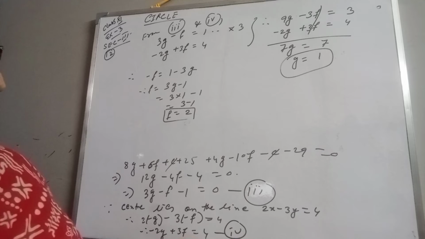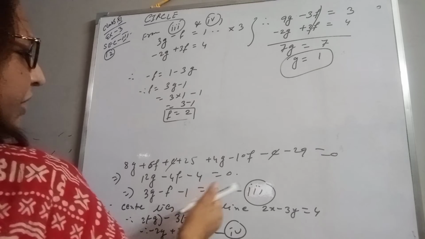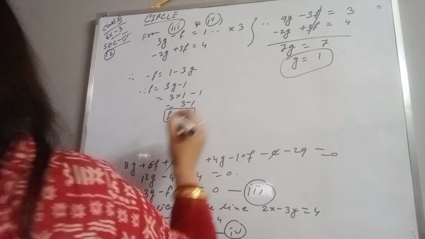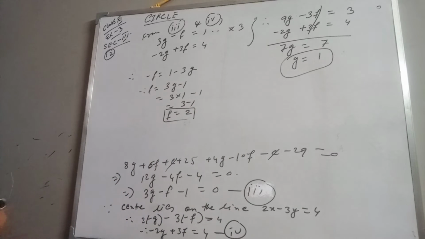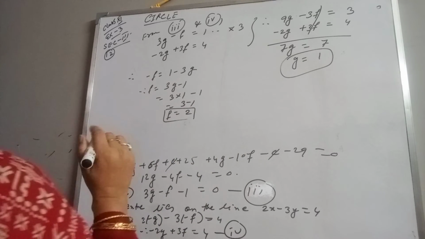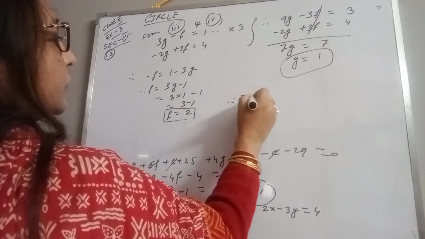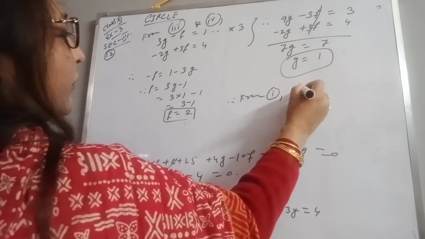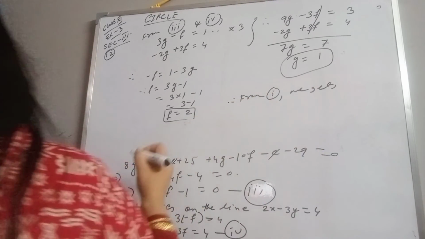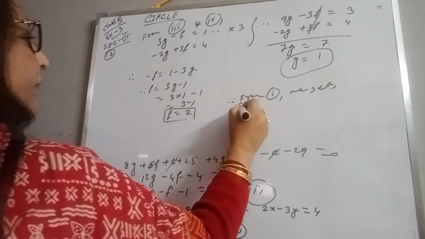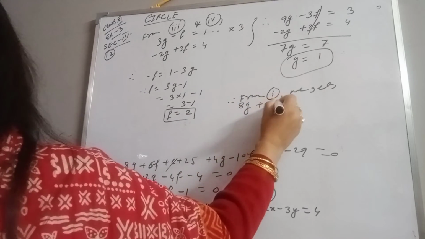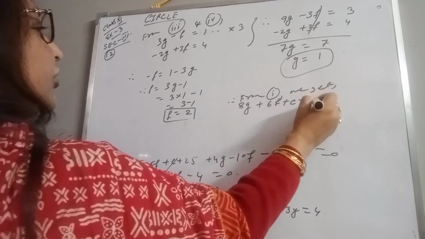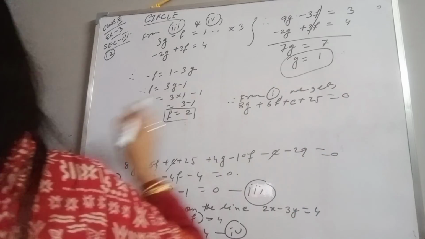Okay, now I have already rubbed the board. Now from equation 1 we have to find the value of c also. From 1 we get 8g plus 6f plus c plus 25 equal to 0. This was equation 1.